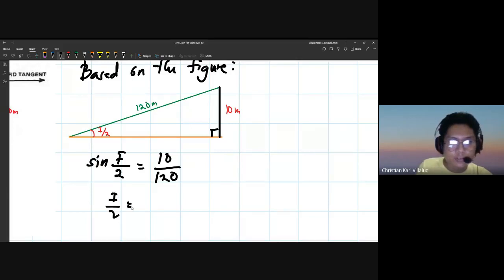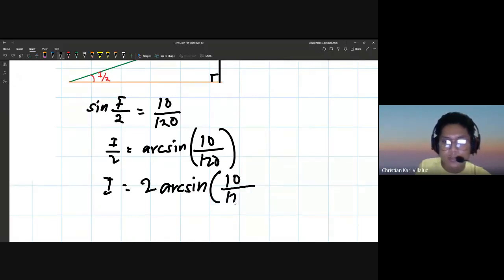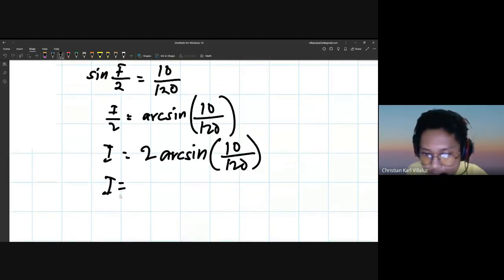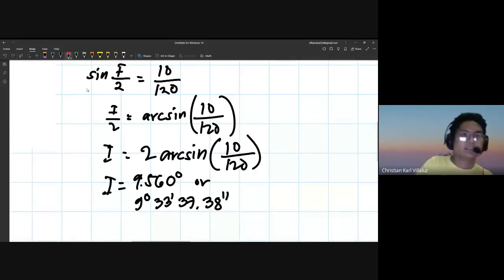So, I over 2, take the arc sine of 10 over 120, then multiply it by 2. So I is 9.560 degrees, or in degrees, minutes, seconds, 9 degrees, 33 minutes, and 37.38 seconds.